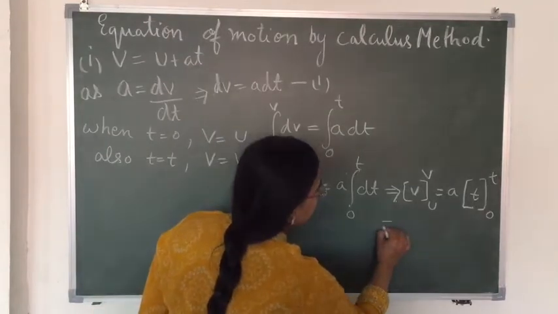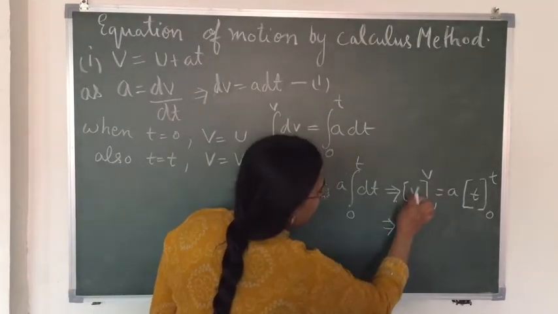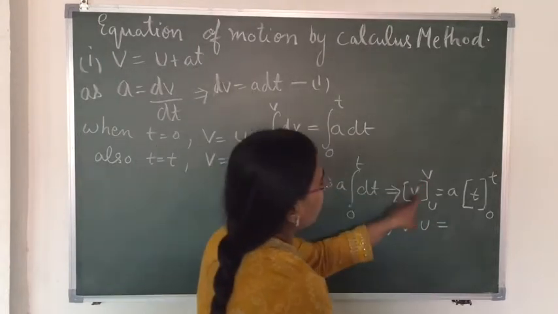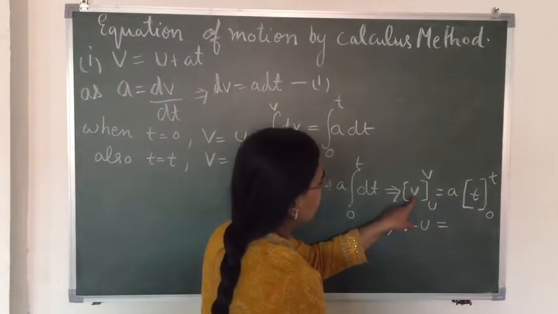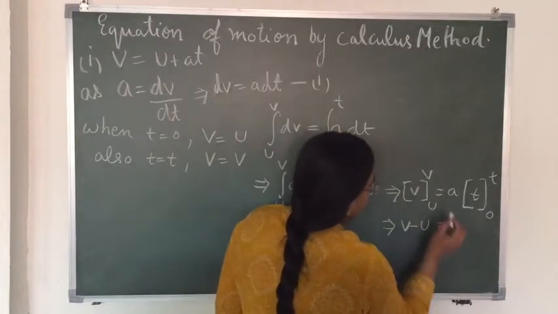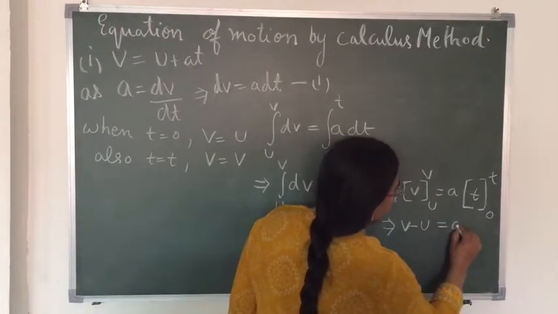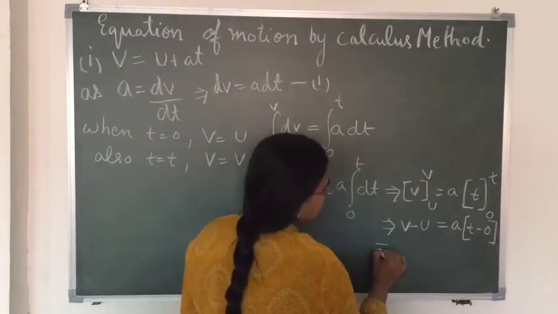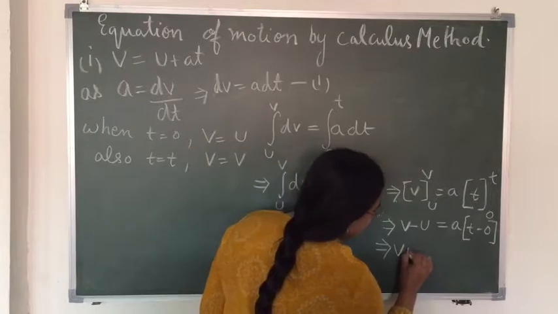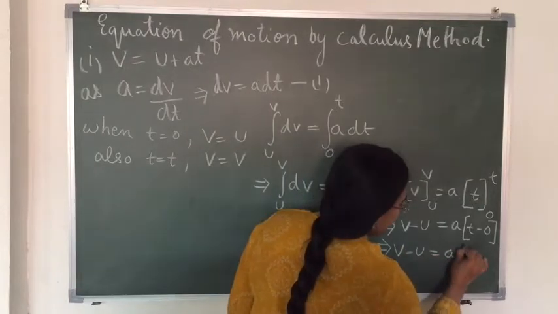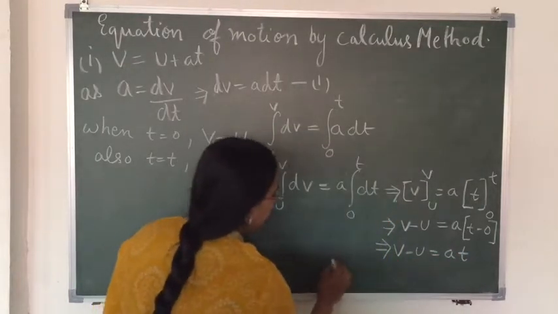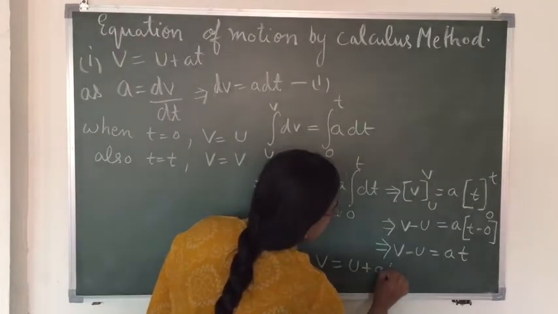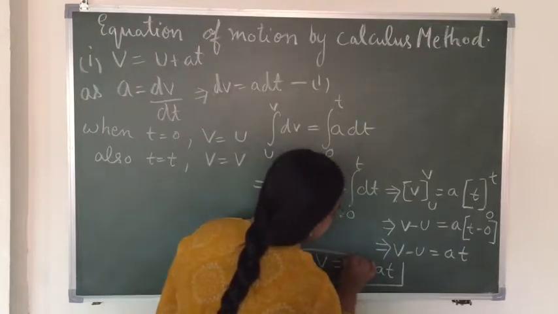Further, v minus u is equal to, when we put the values, v minus u = a(t minus 0), which is equal to at, or v = u + at. This is our equation number 1.